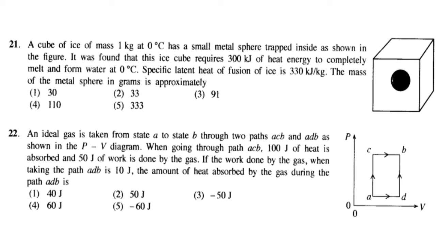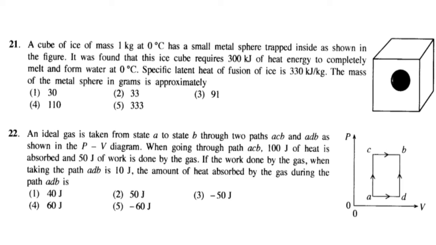This 1 kilogram cube is not a complete ice cube. It has a metal sphere inside it. If it was a complete ice cube, it would require 330 kilojoule to melt it. But here it says that it requires only 300 kilojoule. So there is a balance of 30 kilojoule. If it was a complete ice cube, it would absorb that 30 kilojoule of heat also.